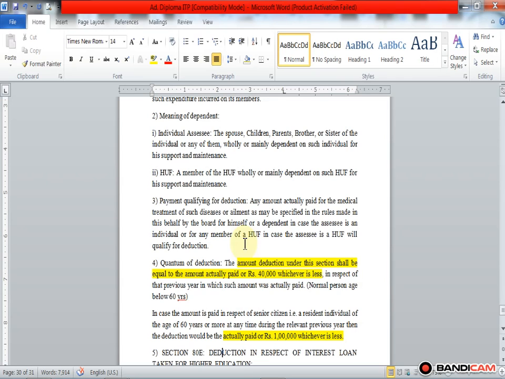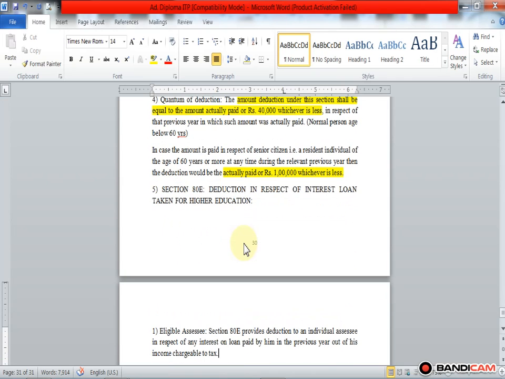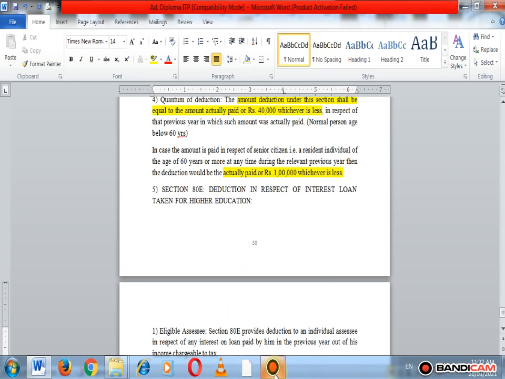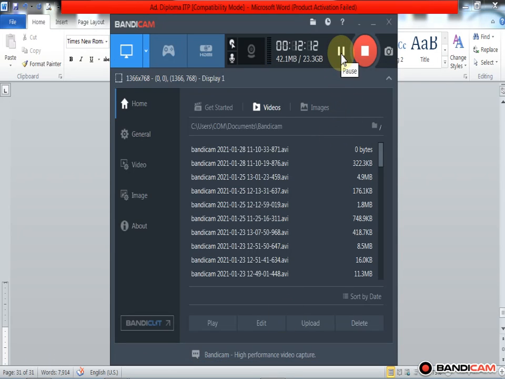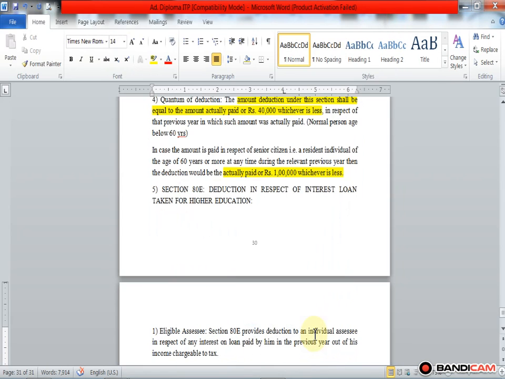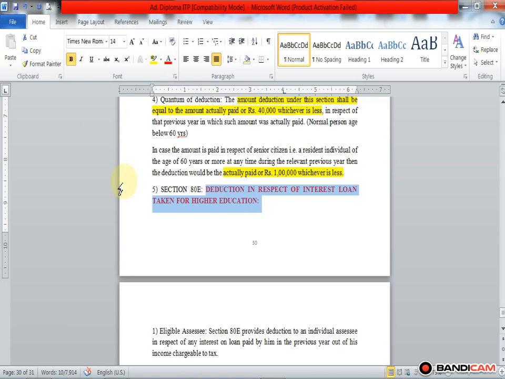Now we are going to discuss another deduction, that is section 80E. Section 80E is related to deduction in respect of interest on loan taken for higher education.